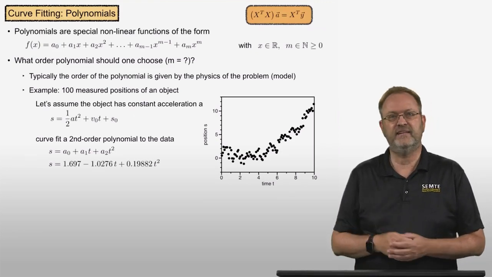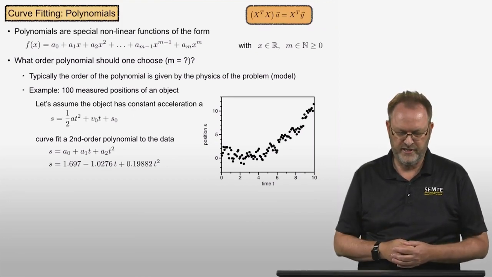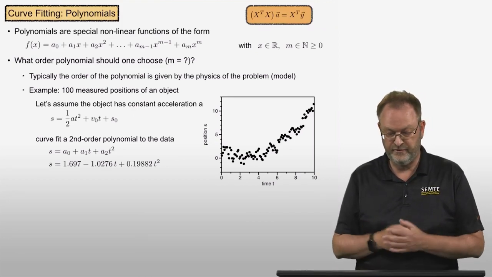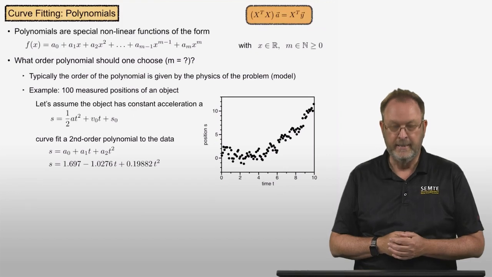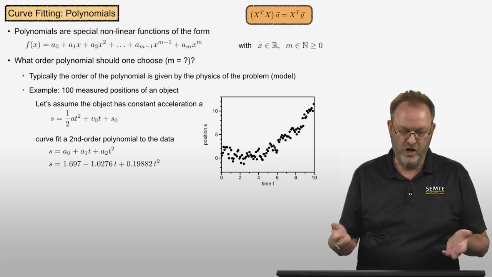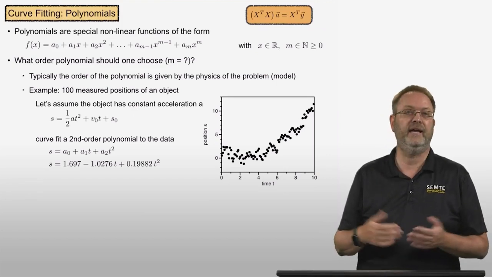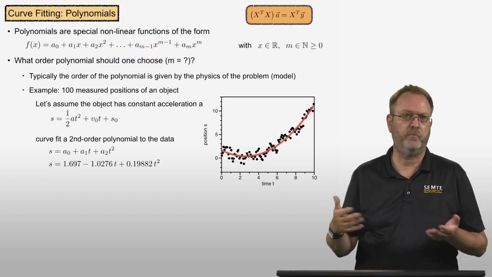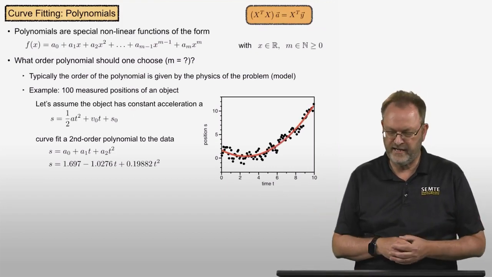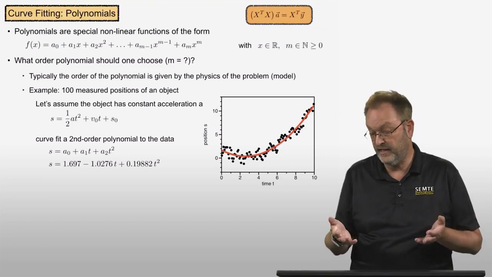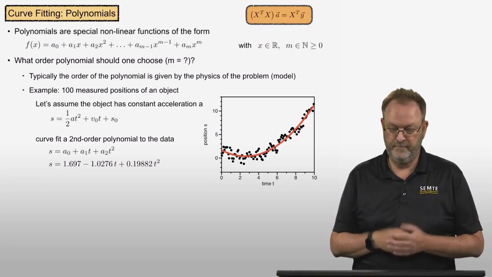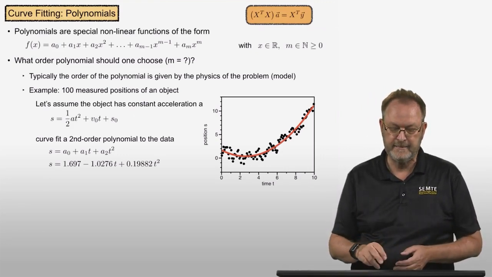Okay, so if I have this data set and I go through the process that we just did on paper, just with a larger data set, I get the following values for a0, a1, and a2. So I can plot this quadratic function now, and that's shown here in red. That's the quadratic polynomial that best fits the measured position data.